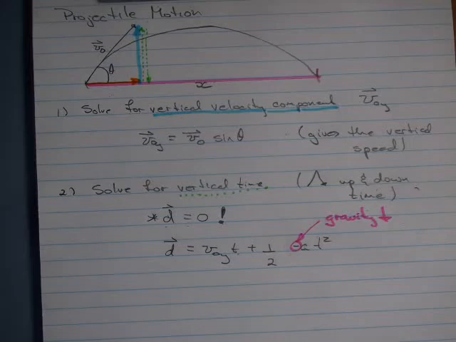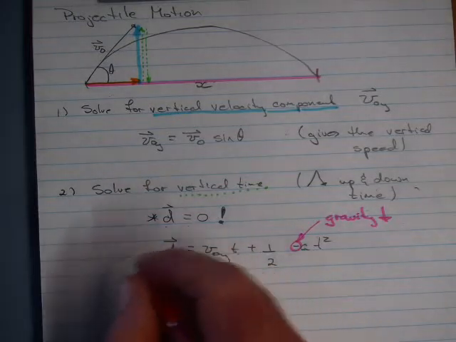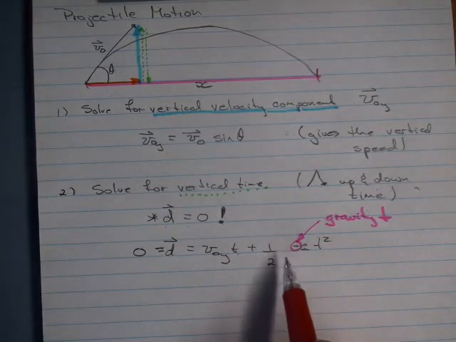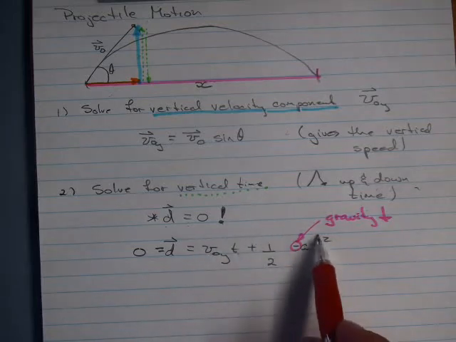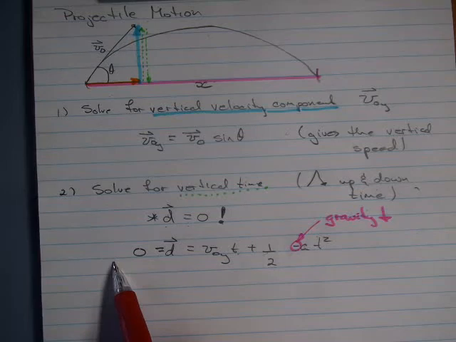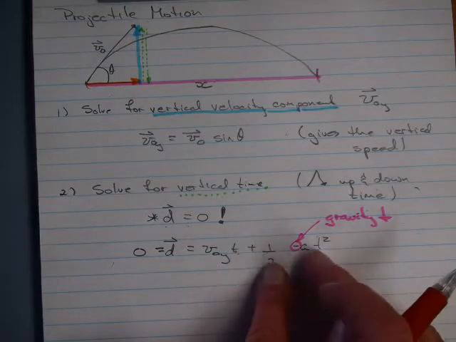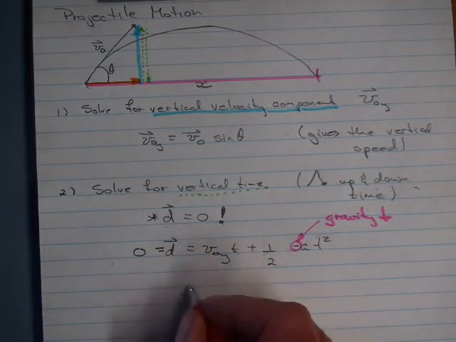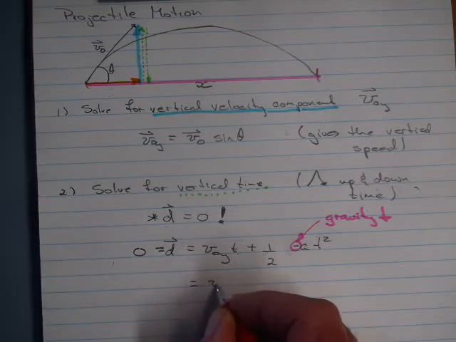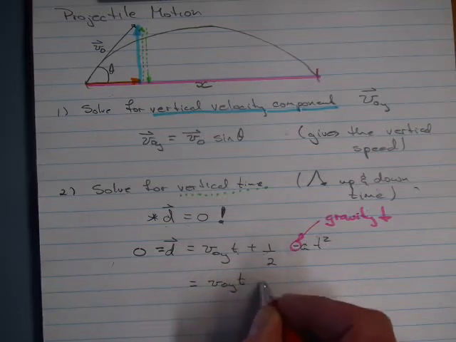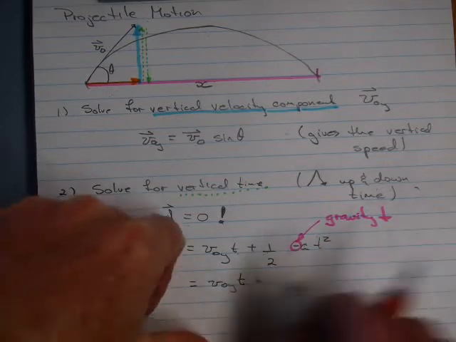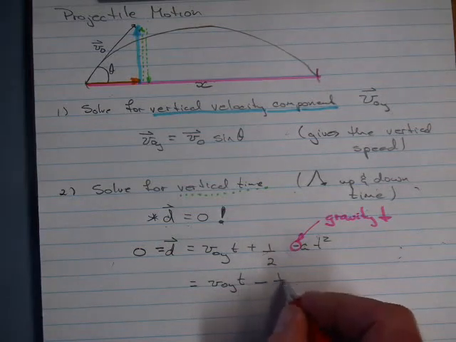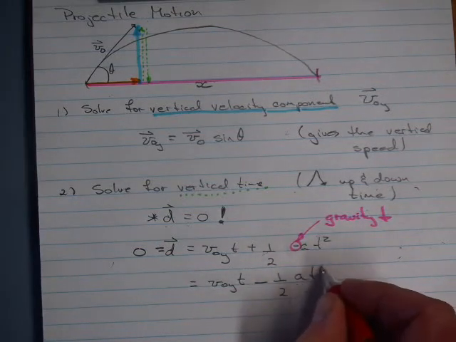So what this allows us to do, because this is equal to 0, is pull one of these over to the other side. Like Ethan suggested, we could rewrite this as V naught y t plus, or minus even now, pulling that outside, one half a t squared is equal to 0.